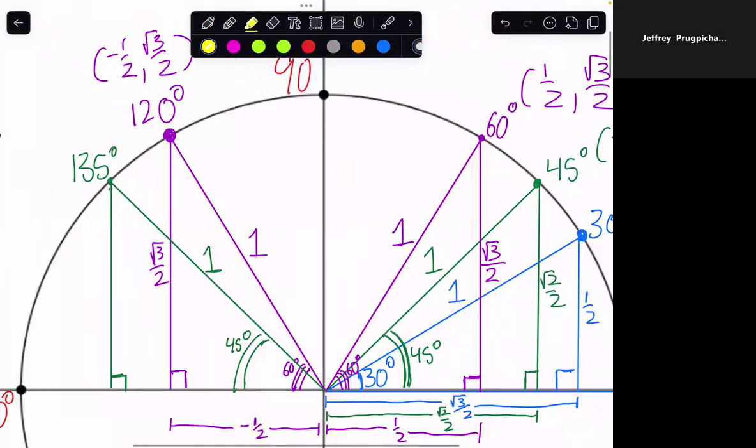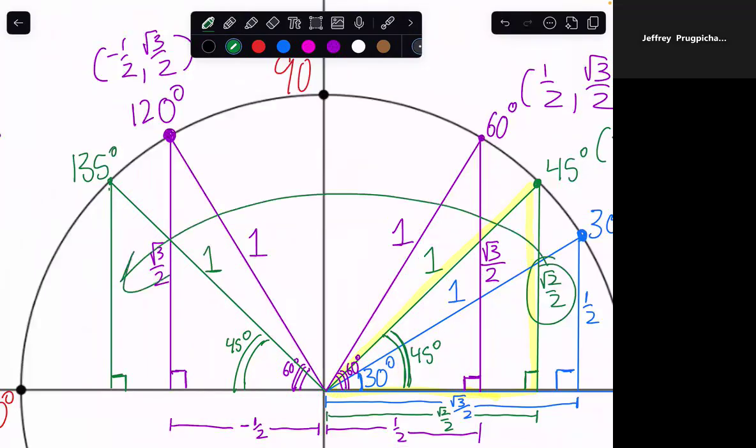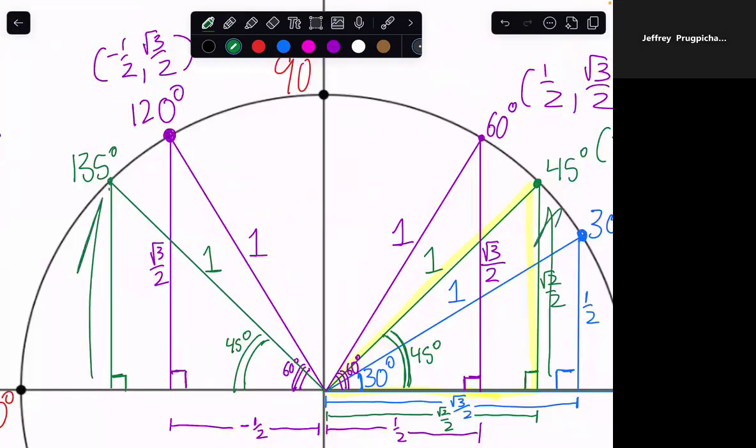But rather than again calculating everything, let's just use a reflection. The 45-degree triangle over in the top right reflects over here. So again, the 1 matches to the 1. The height of radical 2 over 2 is still radical 2 over 2, right? Both of these sides are positive, they're both going upward.